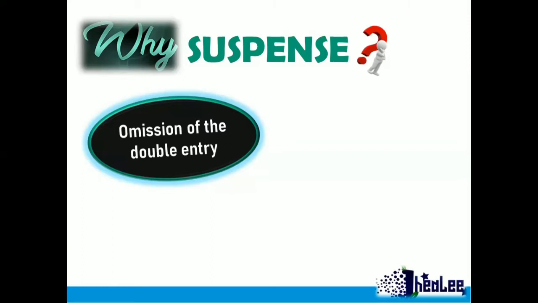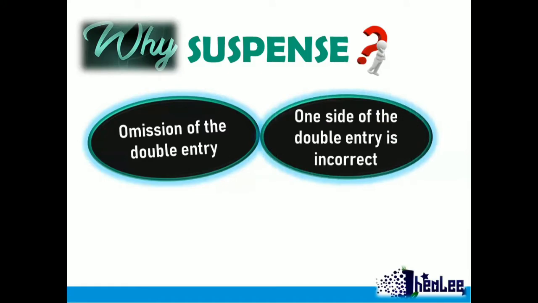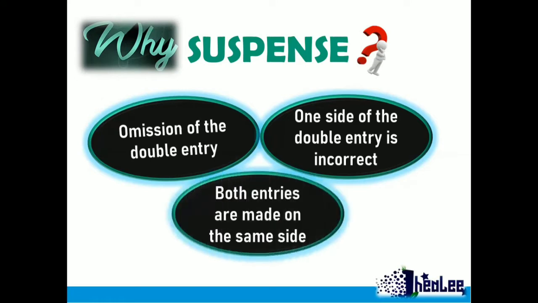Another reason is that one side of the double entry is incorrect, so it might have been overstated or understated. The other is that both entries are made on the same side of the account. For example, you might have made two debit entries instead of a debit and a corresponding credit, or a credit entry instead of a corresponding credit and debit entry.